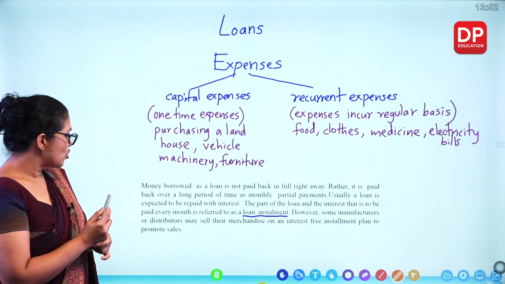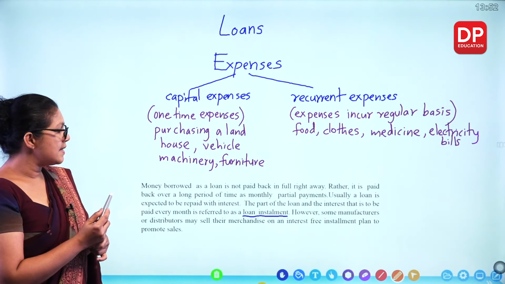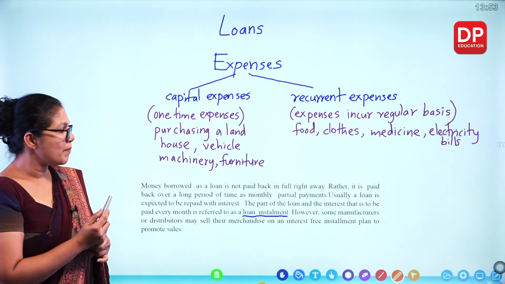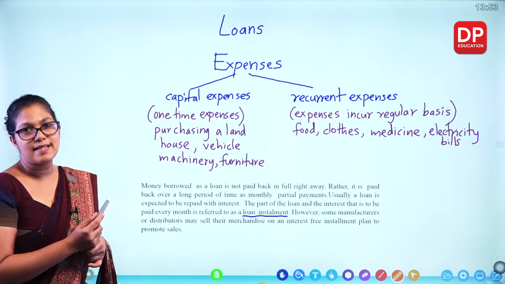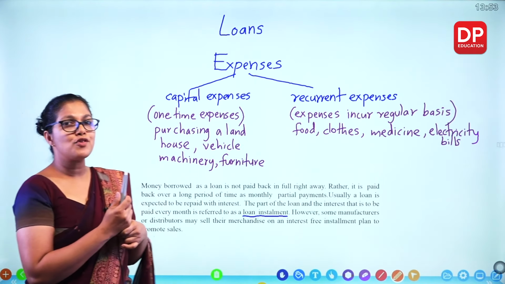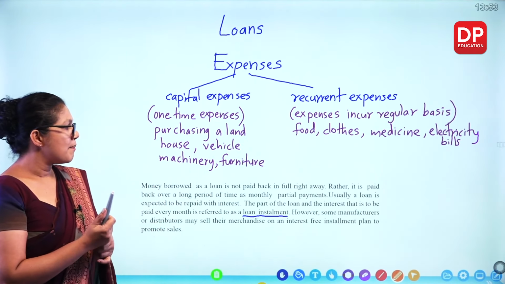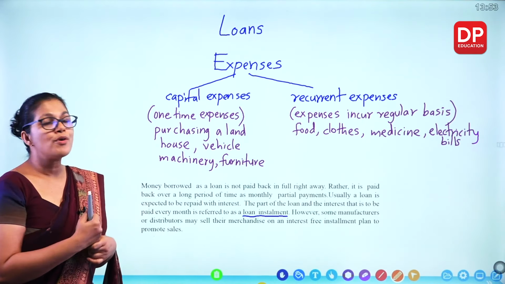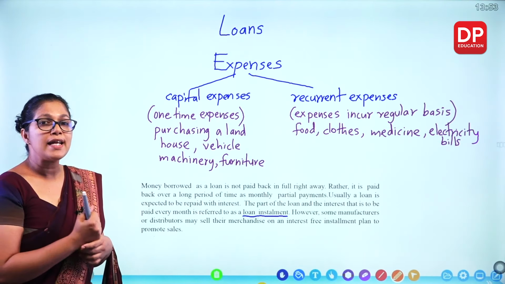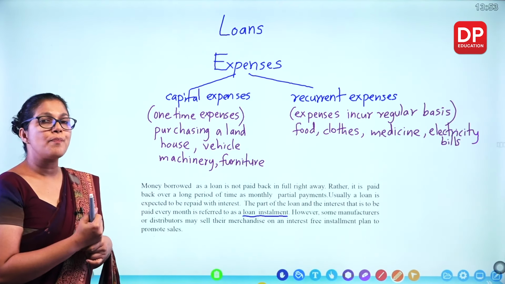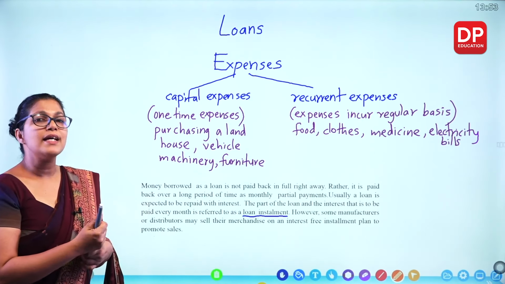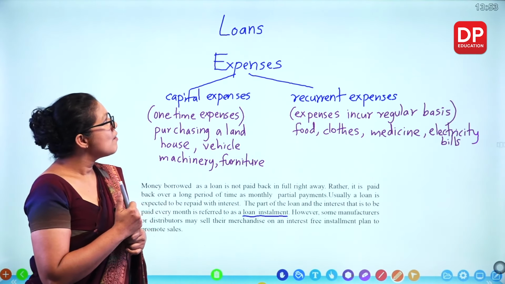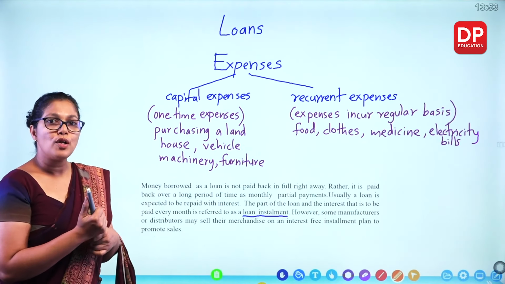However, some manufacturers or distributors may sell their merchandise on an interest-free installment plan to promote sales. Sometimes you don't have to pay the interest, but normally when you buy something and we borrow money from a financial institute, you have to repay it with the interest. Now we'll see how we can find out the values for loans.